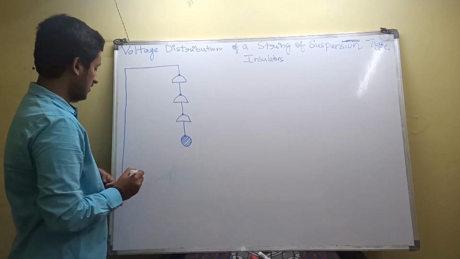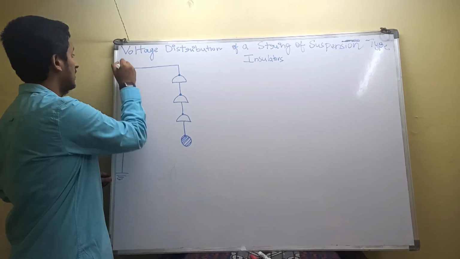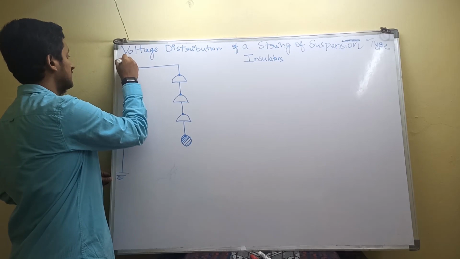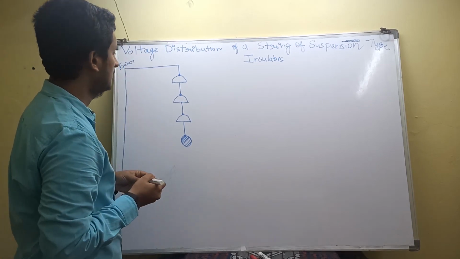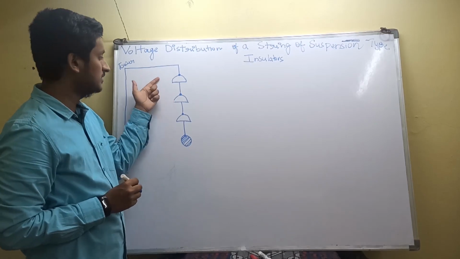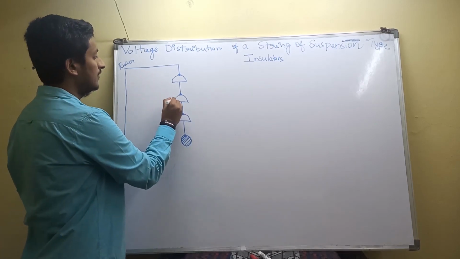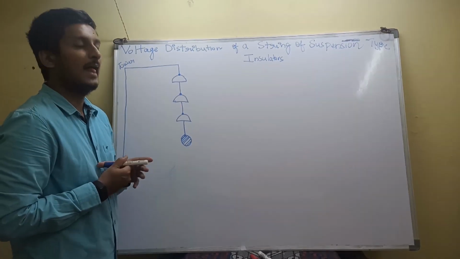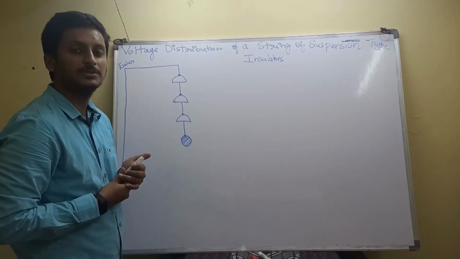Now this is the tower. I hope everyone is very clear with this. What I have done is I have taken 3 insulator discs and I have placed them in sequence.